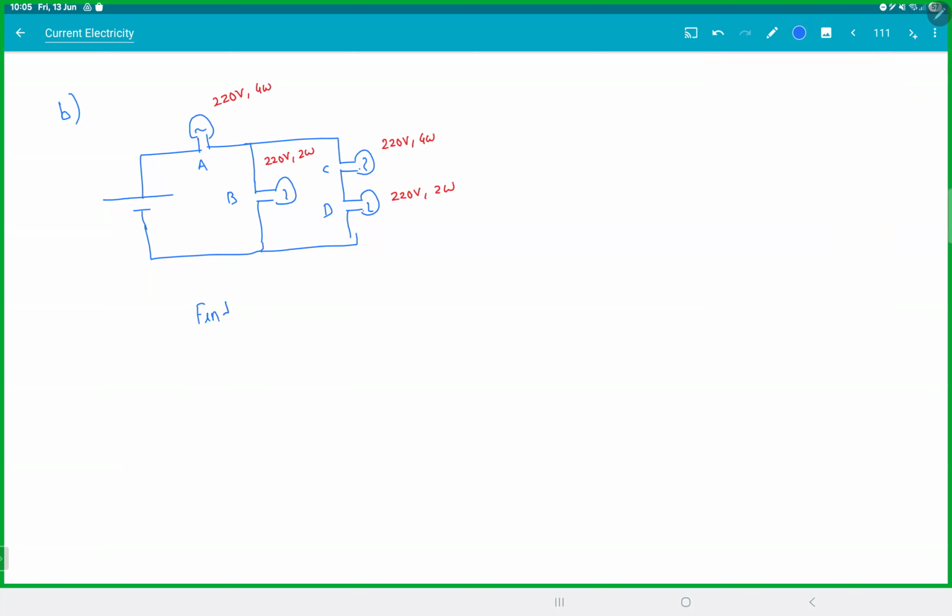Find the ratio of power of bulb A, B, C, and D. Get them.